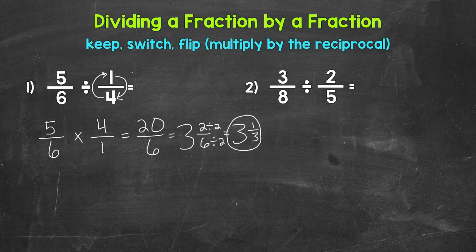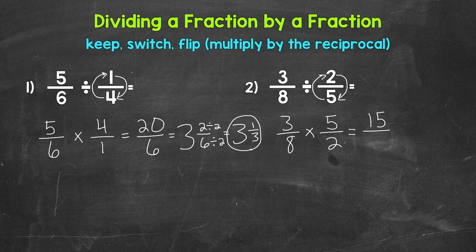Let's move on to number 2, where we have 3/8 divided by 2/5. So we keep, switch, and then flip. So 2 is now the denominator, and 5 is now the numerator. And now we can multiply straight across. 3 times 5 gives us 15, and then 8 times 2 gives us 16.